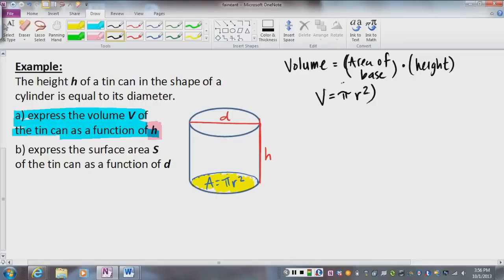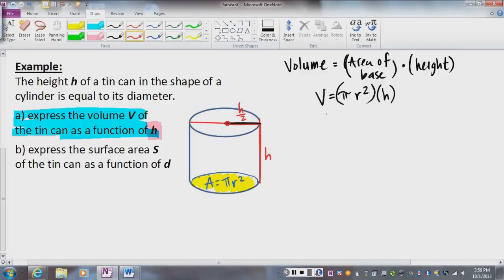And I'm just going to write this first without substituting, times the height, which is h. And the radius, I could say d divided by 2, or because I need to use h's here, maybe instead of d, I could write this as h over 2 for my radius.